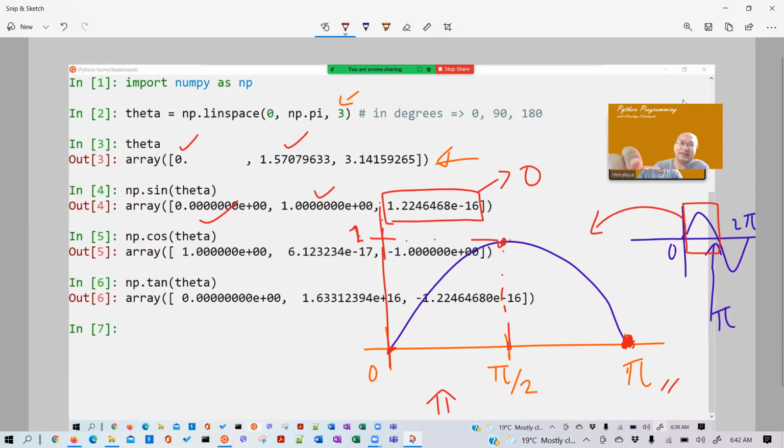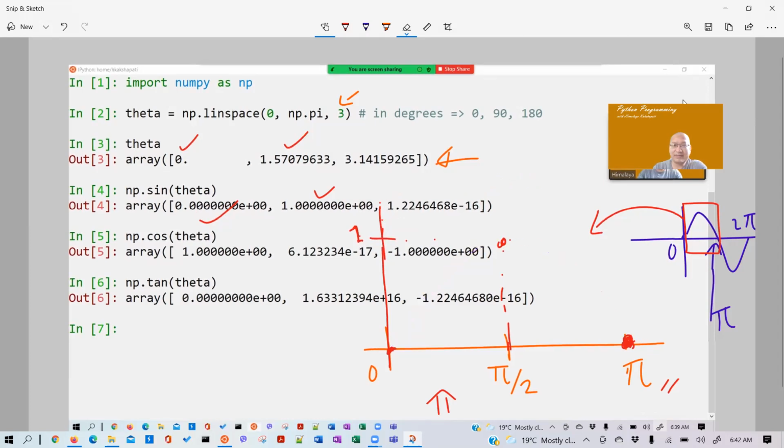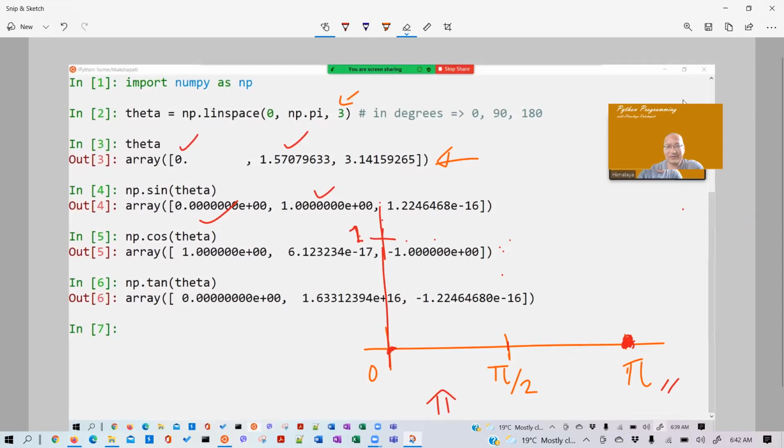So that is for sin. Likewise, let's do cos. What does the cos curve look like? Does anyone remember? It starts from 1. At 0, cos 0 is 1. Let me show you.